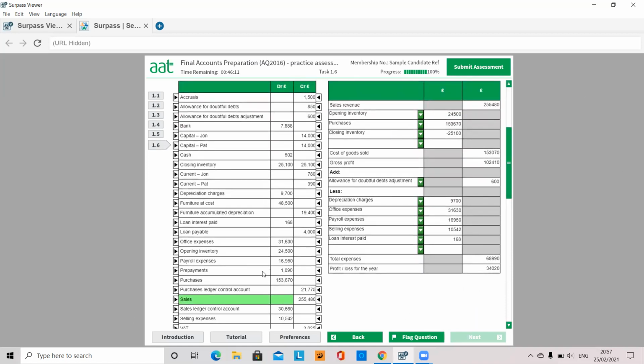Again, double check to see if there's any sales returns, because you might need to put the net sales figure in. So our sales is 255,480.